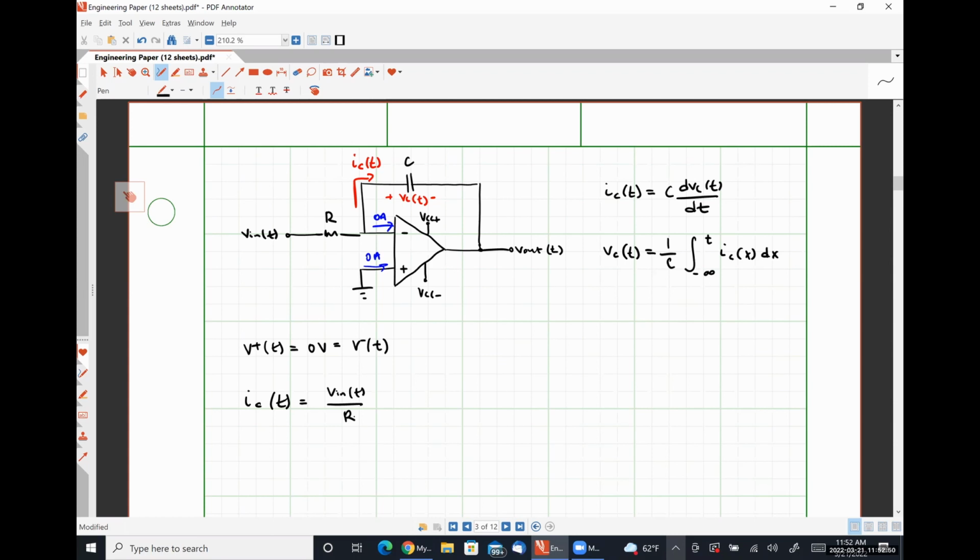Kirchhoff's voltage law tells us that 0 plus Vc plus V out is equal to 0, which means Vc is exactly equal to negative V out.